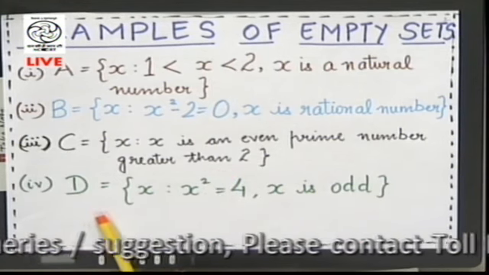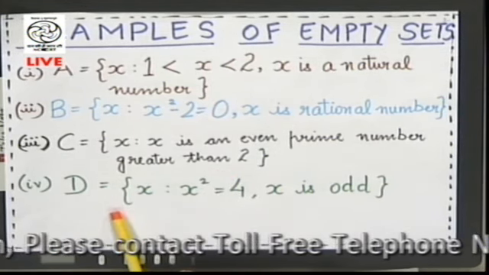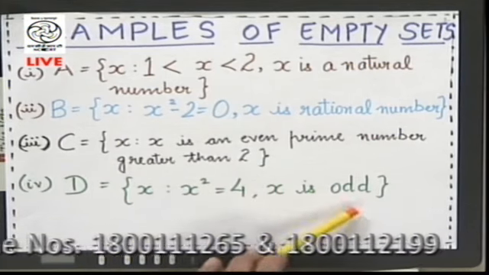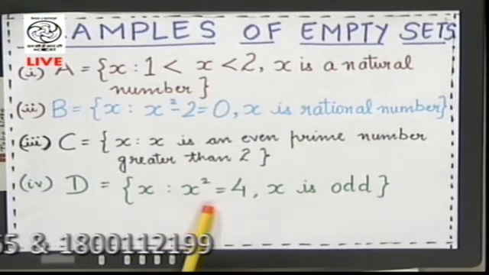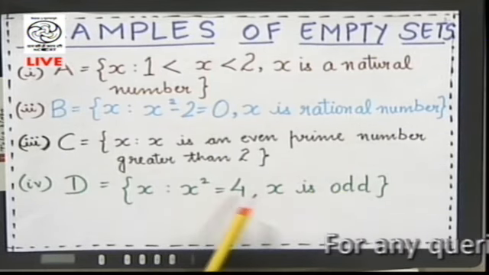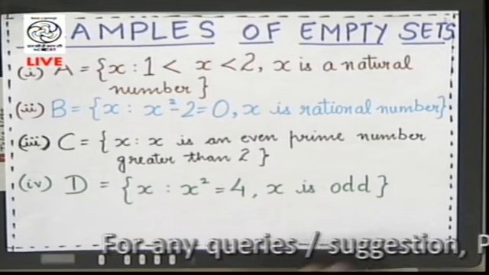In case 4, D, we have the set of x such that x squared equals 4 and x is odd. If we simplify, we get x equal to plus minus 2, so this is also an empty set. An empty set is denoted normally by either empty curly brackets or the symbol phi. We call it a null set or an empty set.